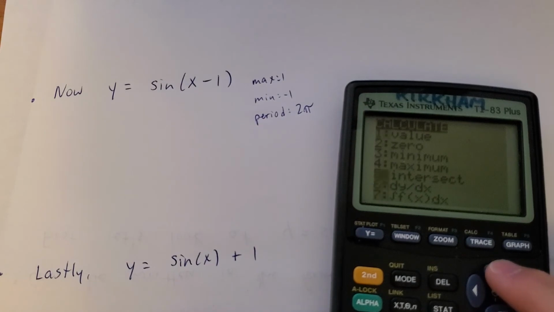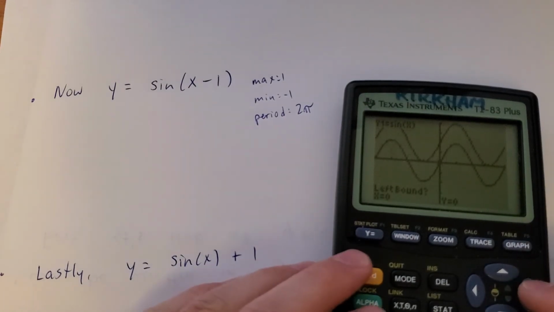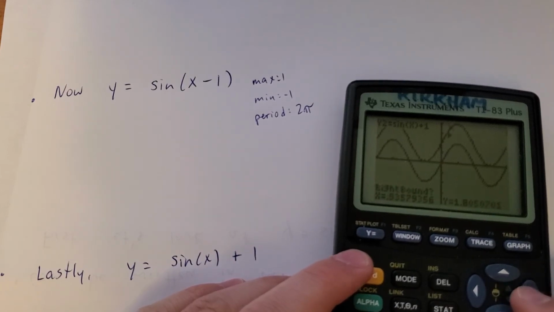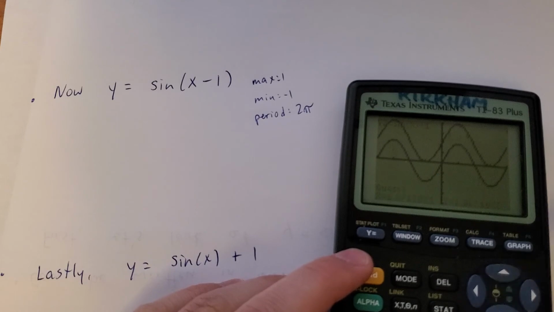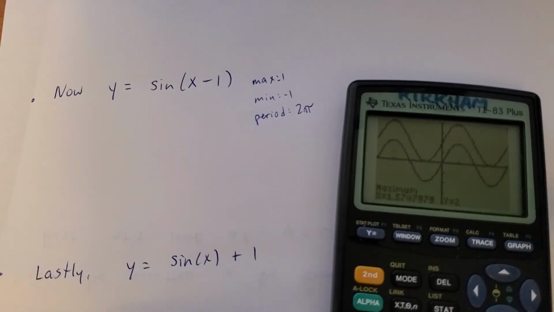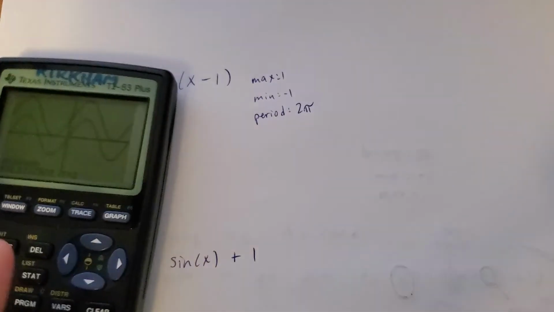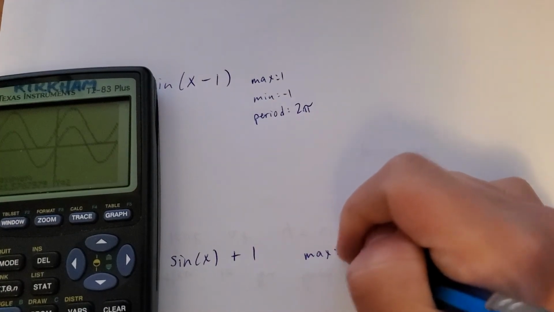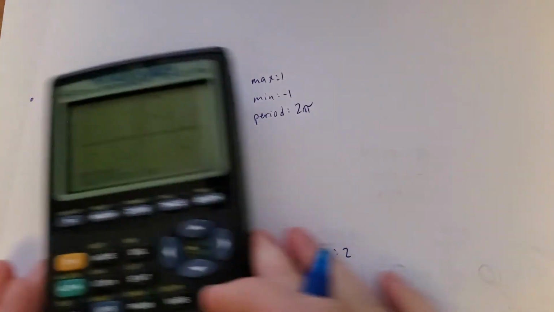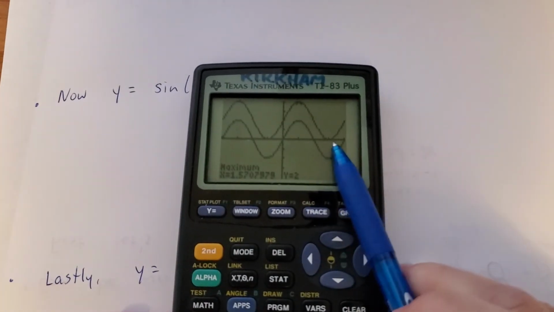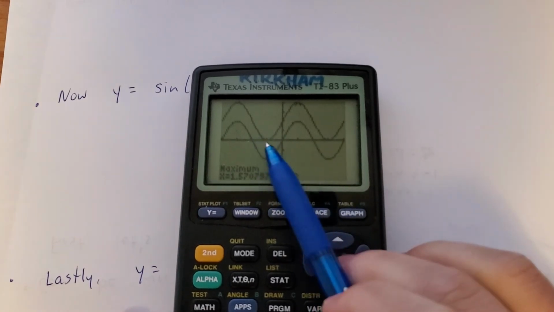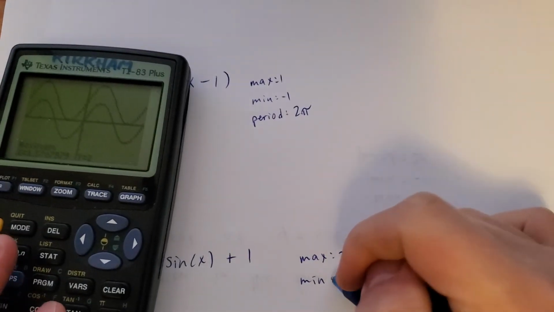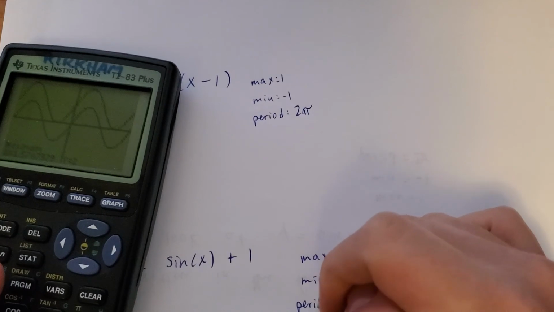I want to find its max and min. Maybe just the max. Okay, so the maximum here is 2. The minimum, I can actually tell by looking. It just hits the x-axis, 0. The period didn't change.